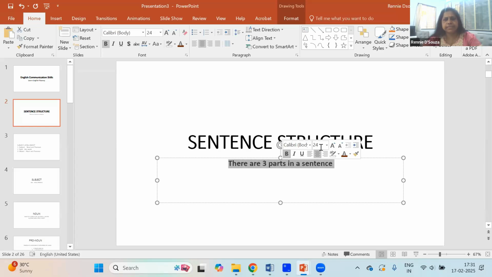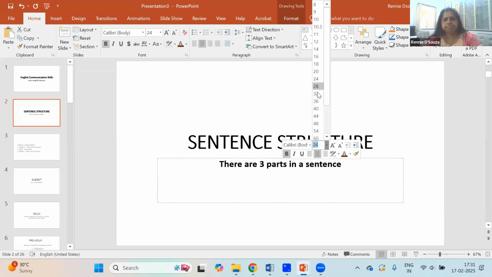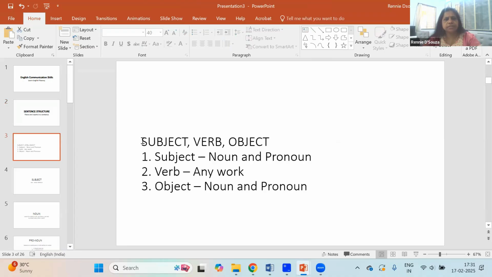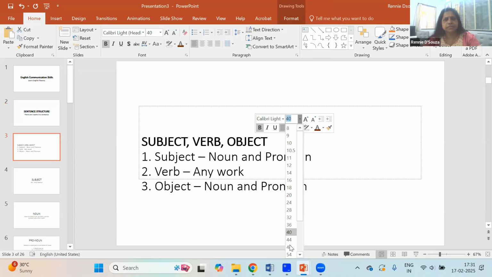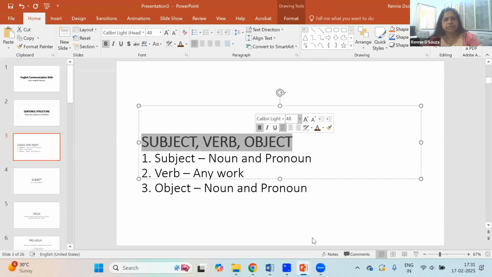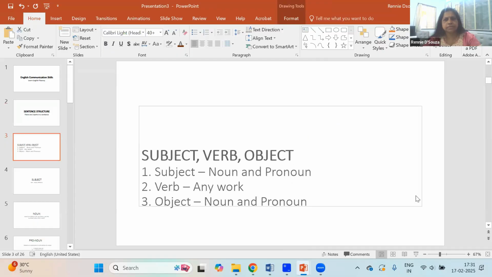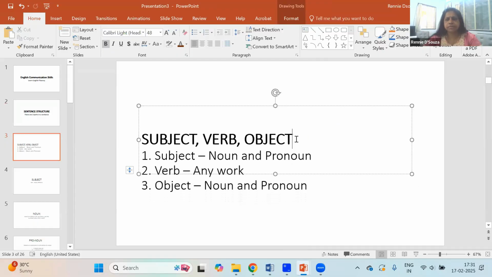And we understood that there are three parts in a sentence. Because if we want to form a sentence, we should understand the parts of a sentence. That is subject, verb, and object. There are three parts: subject, verb, and object.